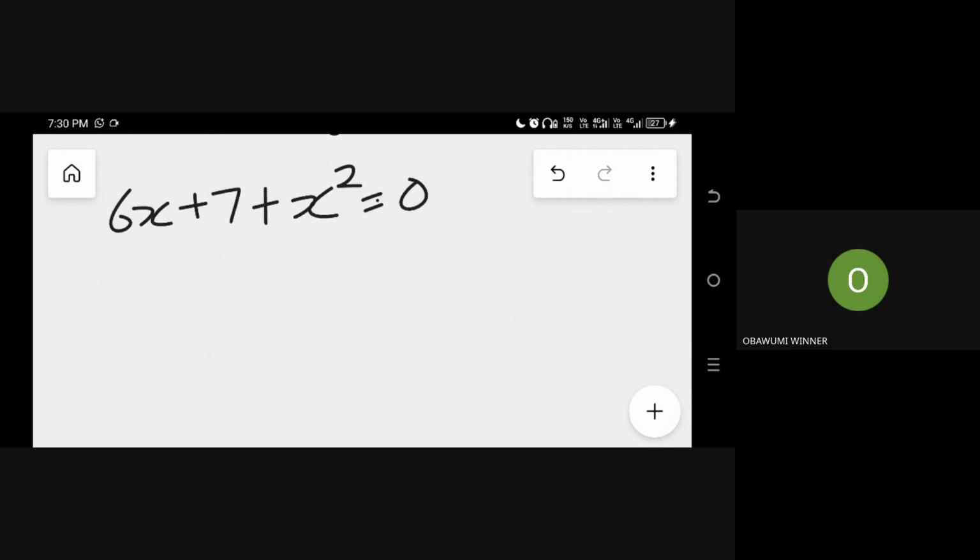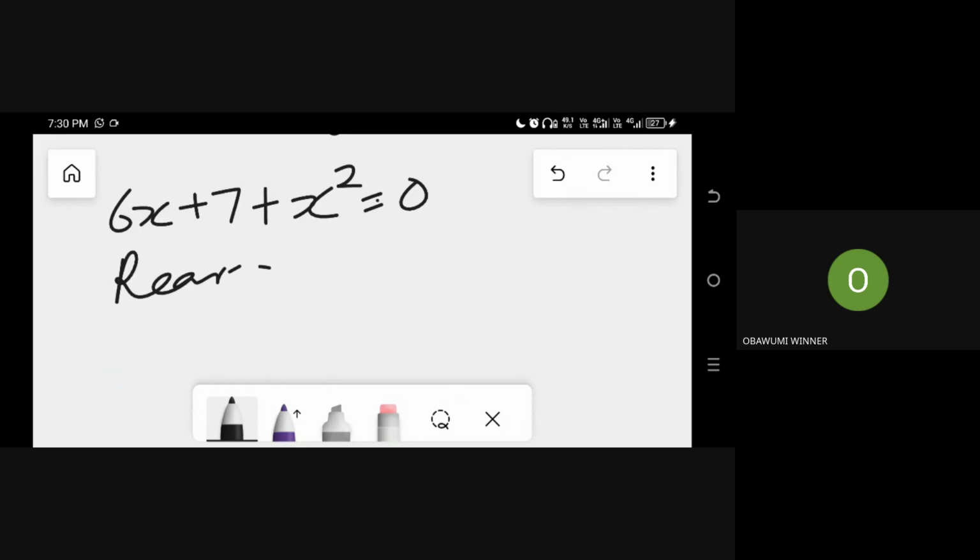So here, if you are to do this, you might decide to rearrange first. You might decide to rearrange first, but if you become very good at it, you don't have to rearrange. You can just pick them out directly. So if you have to rearrange first, the one with the square, you want to write it first. The one with ordinary s second.